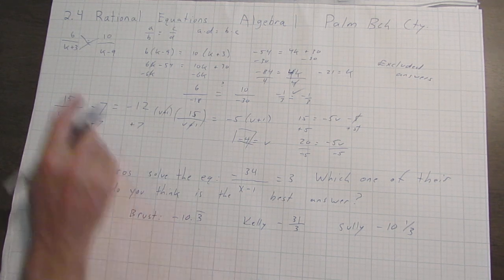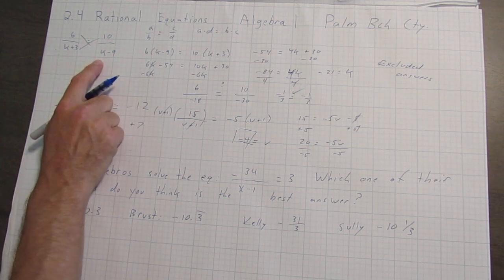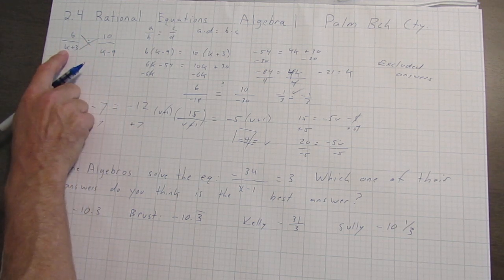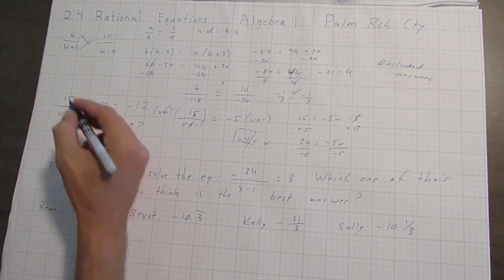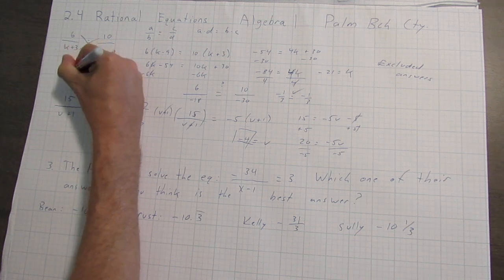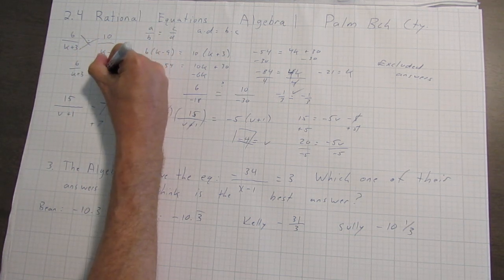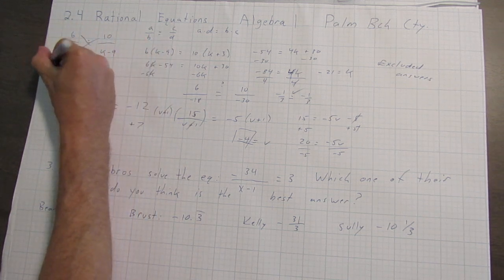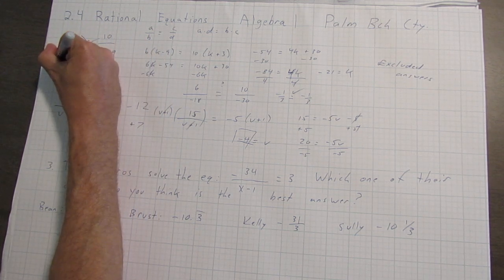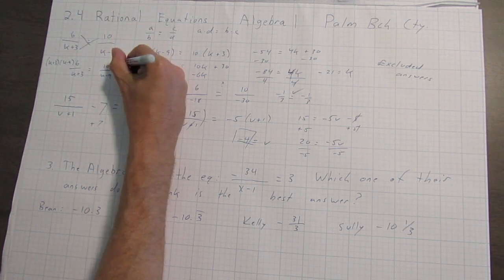What we're really doing in a problem like this is multiplying by the common denominator. So if I take 6 over k plus 3 and 10 over k minus 9, the common denominator is k plus 3 times k minus 9.